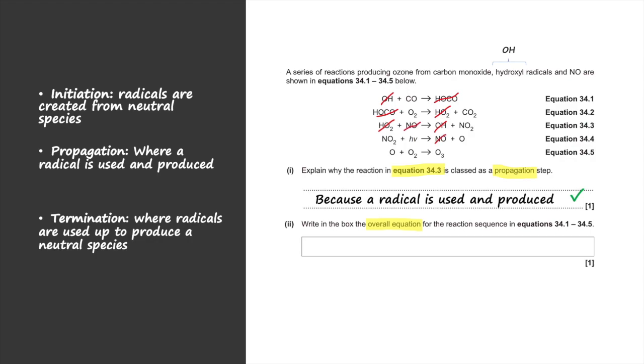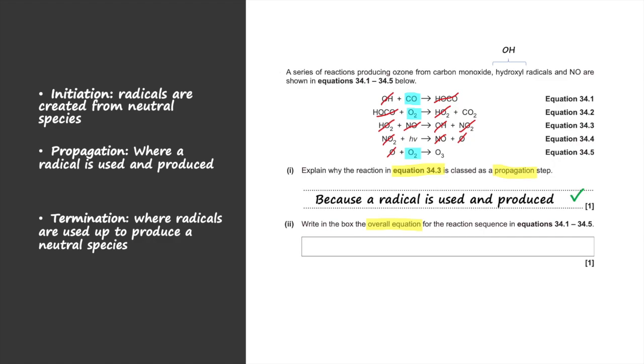Additionally, in the left-hand side, we've got a nitrogen dioxide as well as in the right-hand side, so these also cancel out, as well as the oxygen in the left and right-hand side. Overall, the things that haven't cancelled out are 1 molecule of carbon monoxide in the left-hand side of the equation. We've also got, in total, 2 molecules of oxygen in the left-hand side.